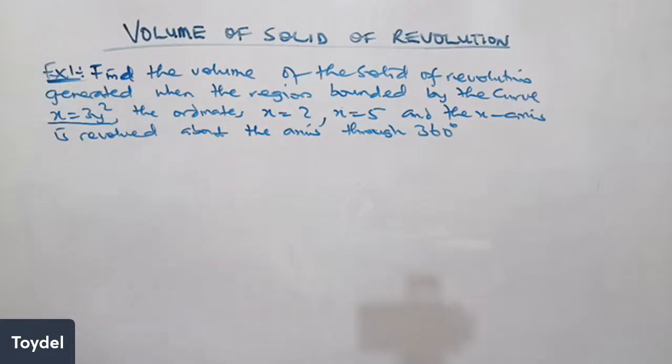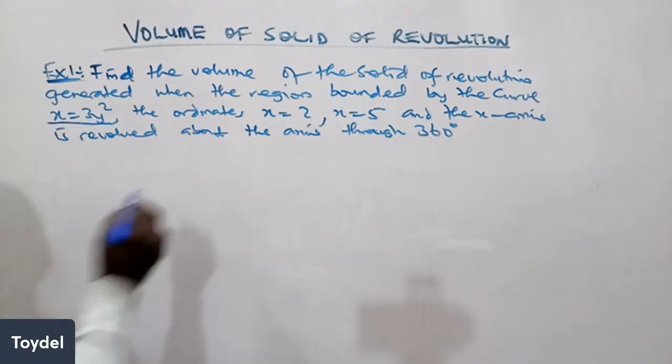From our earlier explanation, when the curve is revolved about the x-axis through 2 pi radian, the volume V is equal to integral of pi y squared dx, and a and b will be the ordinates. So we are given the values of a and b here as x is equal to 2 and x is equal to 5. So we are going to rewrite what we are given in form of y squared. So we say solution.